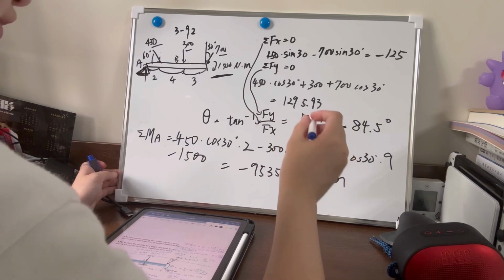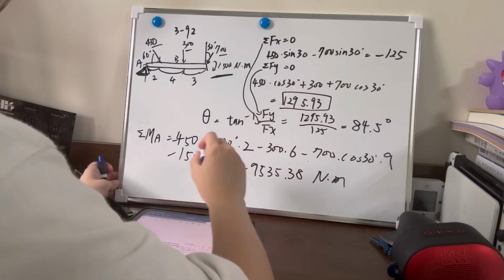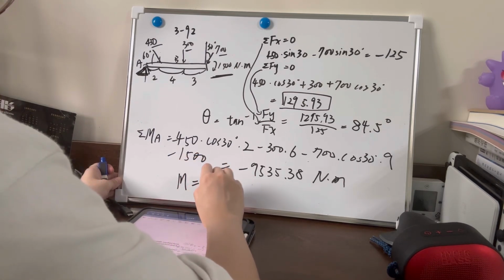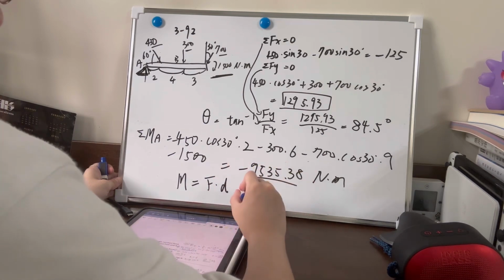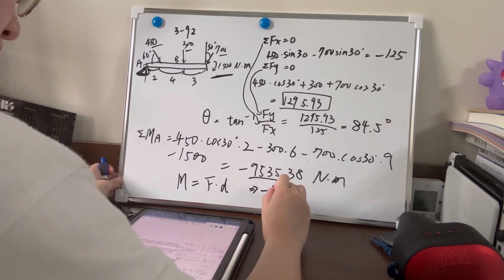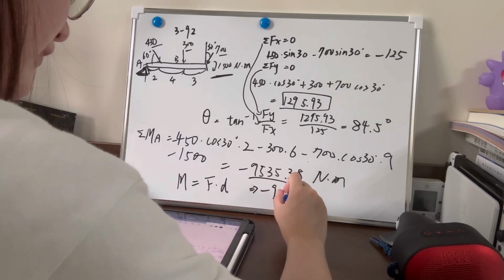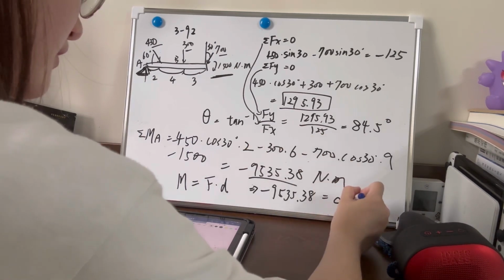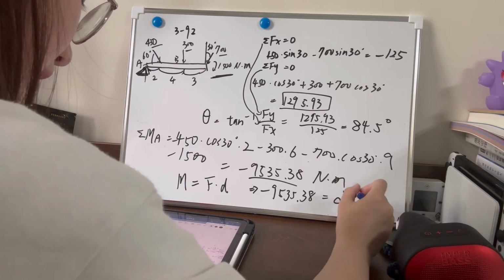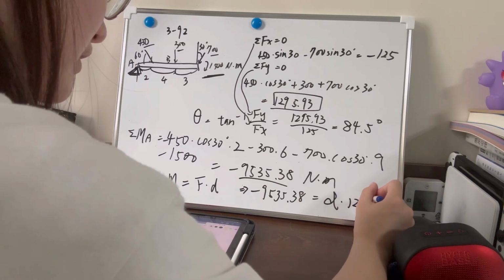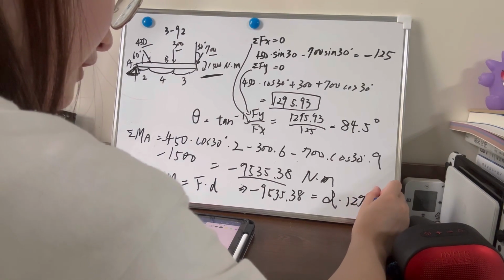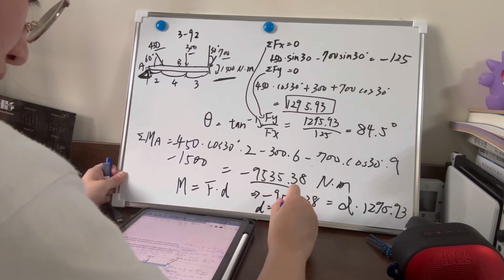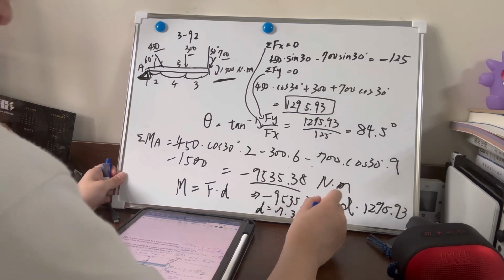So if our force is like this, and the function is M equal F times d, and we know the M is minus 9,535.38, and we don't know the d, so it's what we need, and the force is 1,295.93. So the d is equal 7.36 meter.